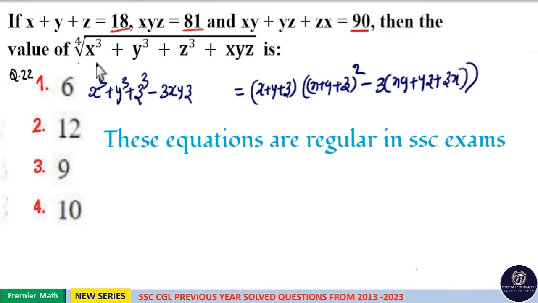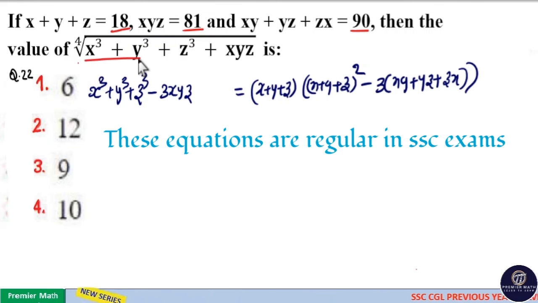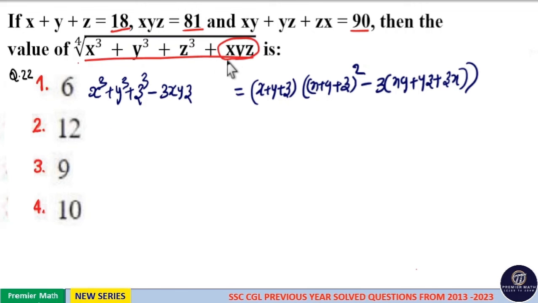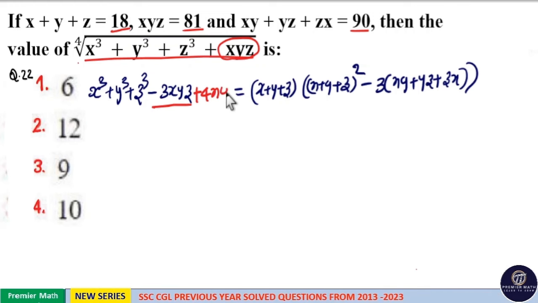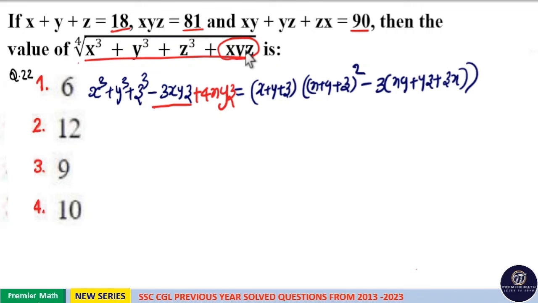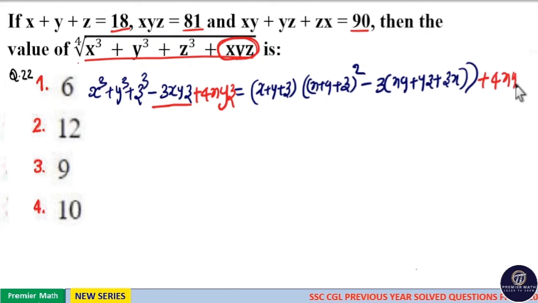Now the question is asking us to find x cube plus y cube plus z cube plus xyz. Here this is plus xyz, but the formula has minus 3xyz. So if I add plus 4xyz, then this term will become plus xyz. When I add plus 4xyz on the left hand side, I should add it on the right hand side as well.